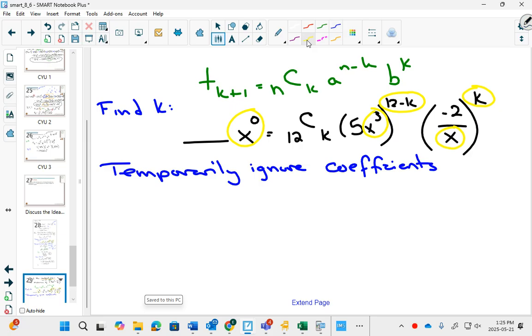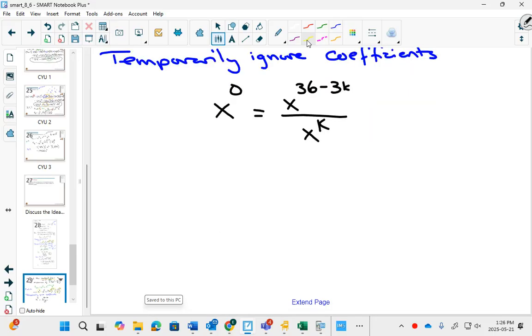So if we did that, we're going to have x to the 0, because we ignore the number in front that we don't know, equals, well, here in my numerator, x cubed to the 12 minus k will be x to the 36 minus 3k, because exponent to an exponent means you multiply. And we have x to the k on the bottom.